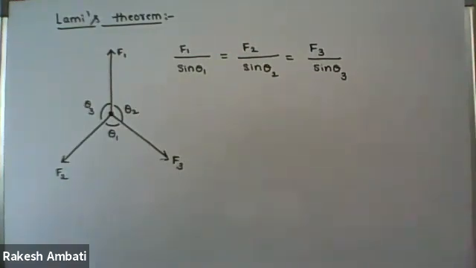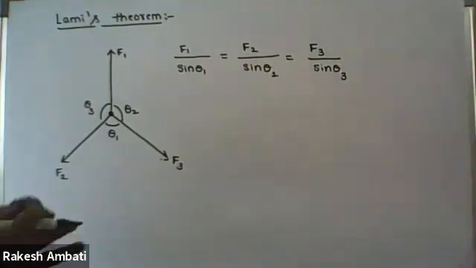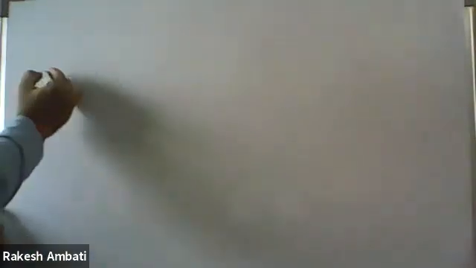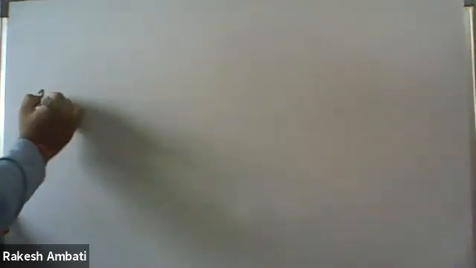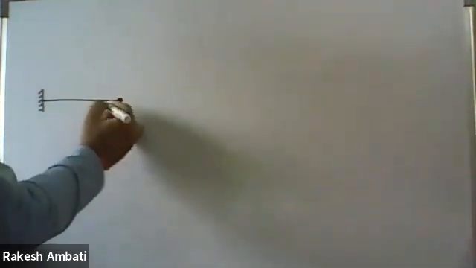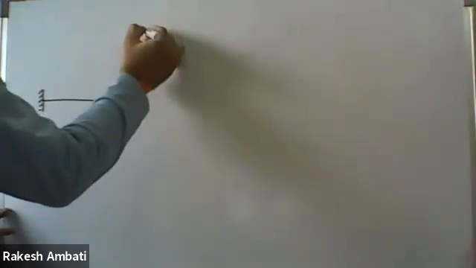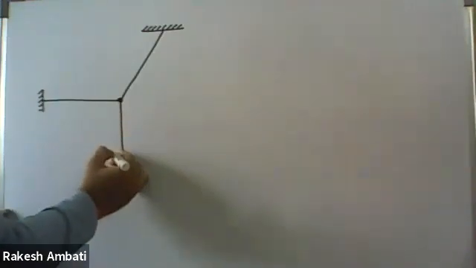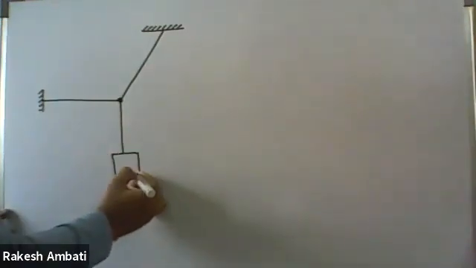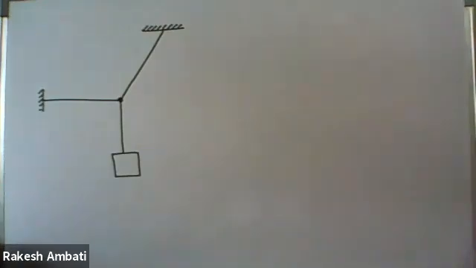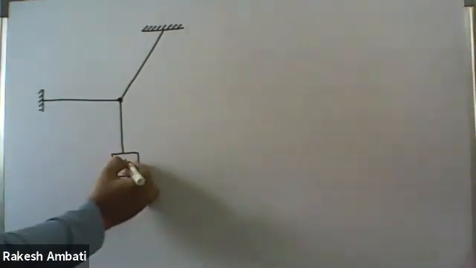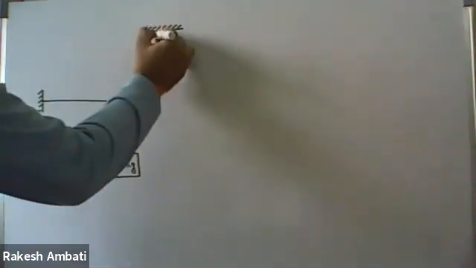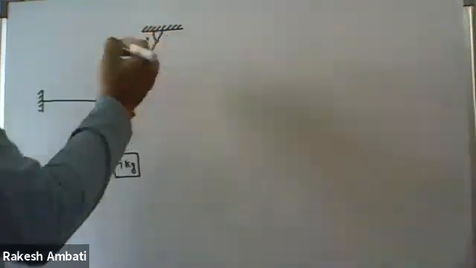Write down the first question. Draw the figure. This block has mass 7 kg, and in the question this angle is given as 30 degrees.